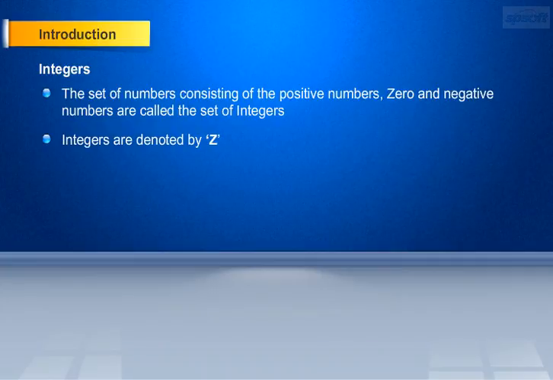Integers are denoted by the letter Z. Z comes from the German word zählen, which means to count. So, we can say Z equals ..., -5, -4, -3, -2, -1, 0, 1, 2, 3, 4, 5, and so on.